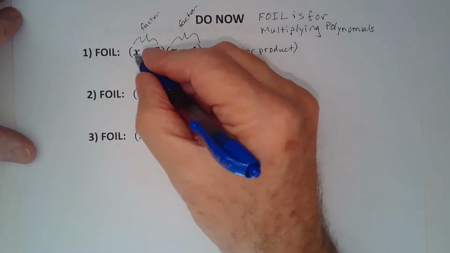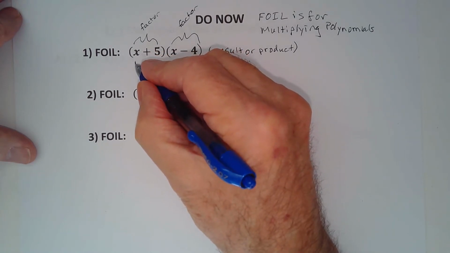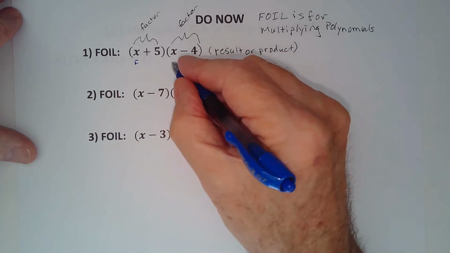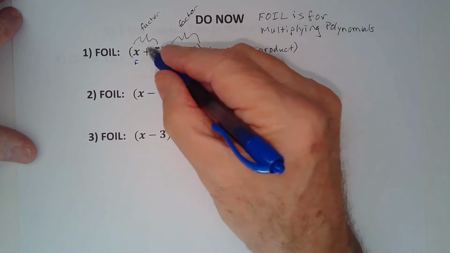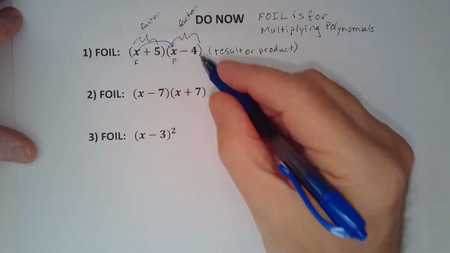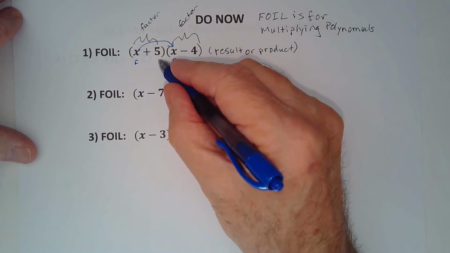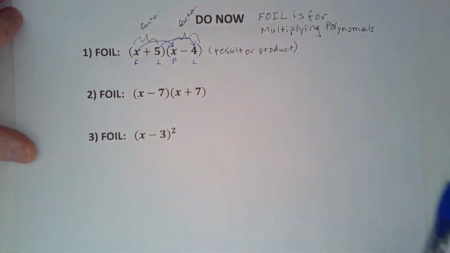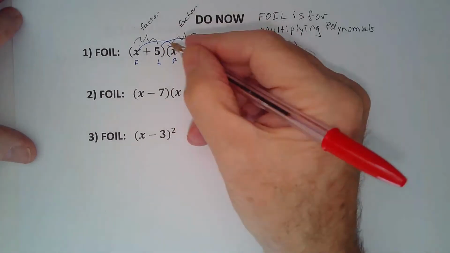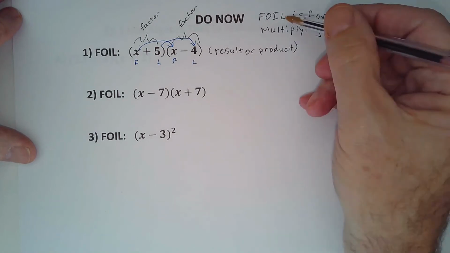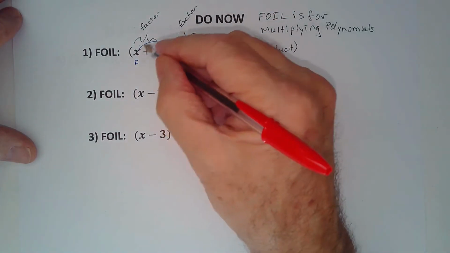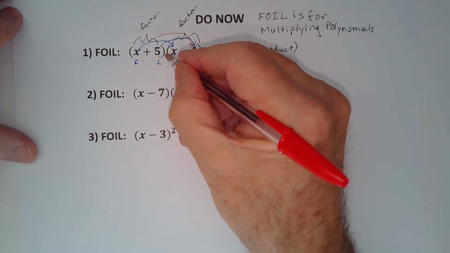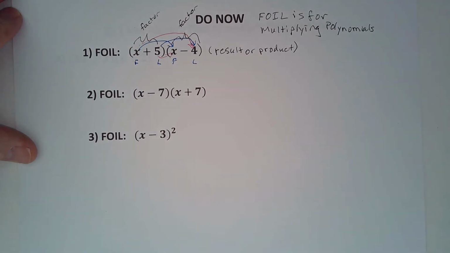And remember, foiling, what you're going to do is you're going to multiply first to first. So this is first. And so there you go. And last to last. So there you go here. And then you're going to multiply the outer and the inner. Okay, so outer and the inner.